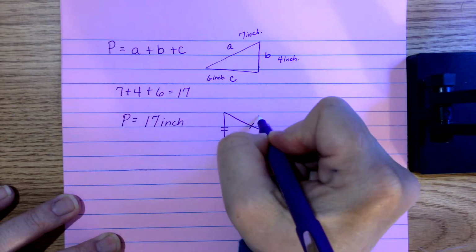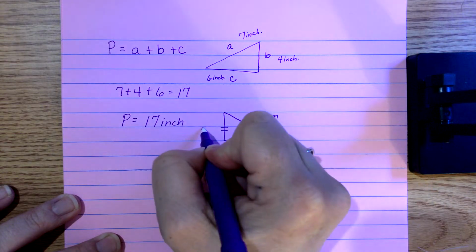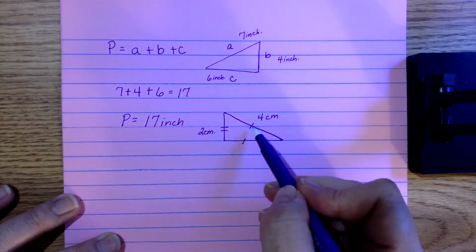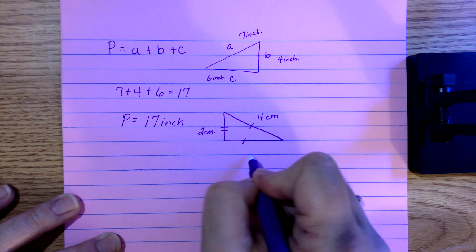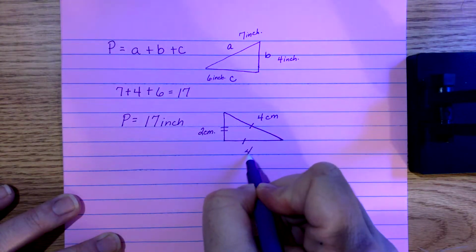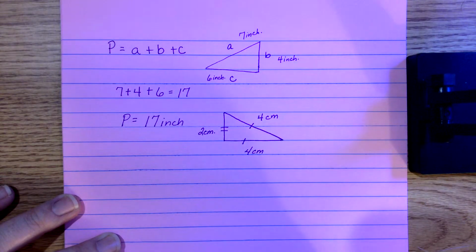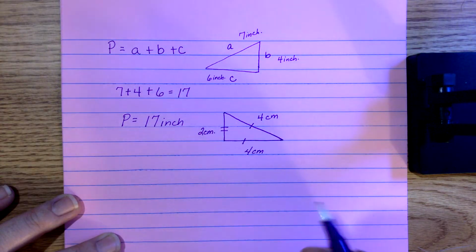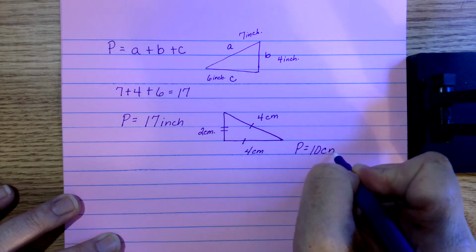Let's say this is 4 centimeters and this is 2 centimeters. If they ask you what the perimeter is, you can figure that because of these marks, this side would also be 4 centimeters. So you could add A plus B plus C, or 2 times 4, which is 8, plus 2. The perimeter would be 10 centimeters.